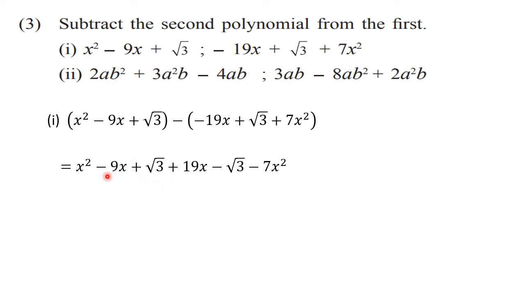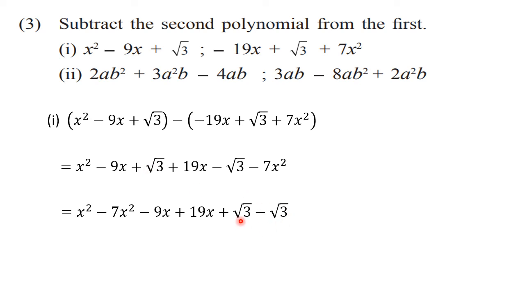Then minus 9x and plus 19x. These two are like terms. So those we will write together. And finally, these constants we will write together. So write down the like terms together like this. See, x square minus 7x square, then minus 9x plus 19x, then plus root 3 and minus root 3.